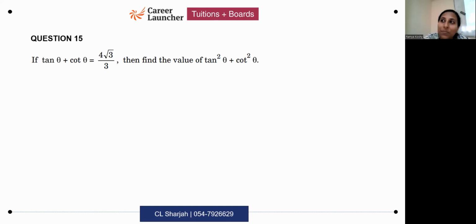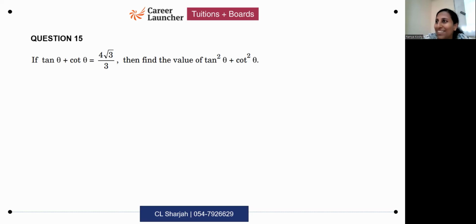What do you get? A square plus B square plus 2AB, correct. What is AB here? What is tan theta, cot theta? Yes. So what is 2 tan theta, cot theta here? Correct. You can use that, no? So that's what you're finding.